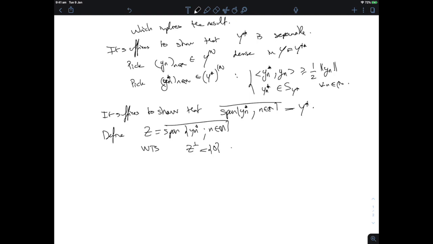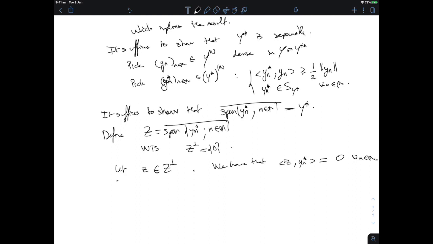Okay, so how do we do this? You take an element, so the perp of that will be in y double star, which you can identify with y. So let's take a z in Z perp, and then we have that z tested on yn star is 0 for all n.